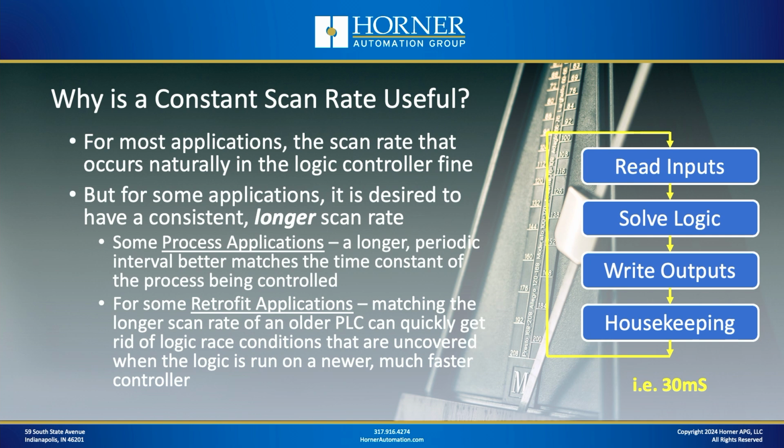That's not what we're talking about here, because in the Horner PID instruction, you can set the rate at which you want that instruction to be solved. So if you want it every 50 milliseconds, or every 100, or even every 500 milliseconds, you can set that PID instruction to only execute or solve that frequently.